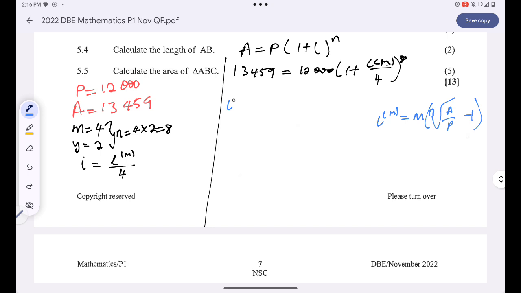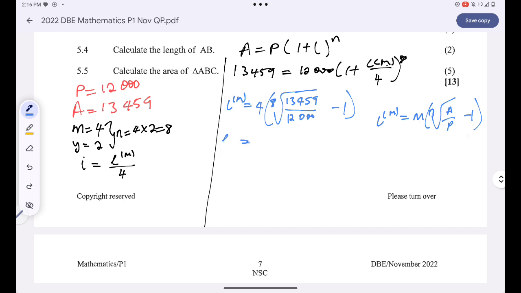So I'll simply say i_m is equal to, my m is 4, n is equal to 8, A is 13,459, and then P is 12,000. I have minus 1 there.